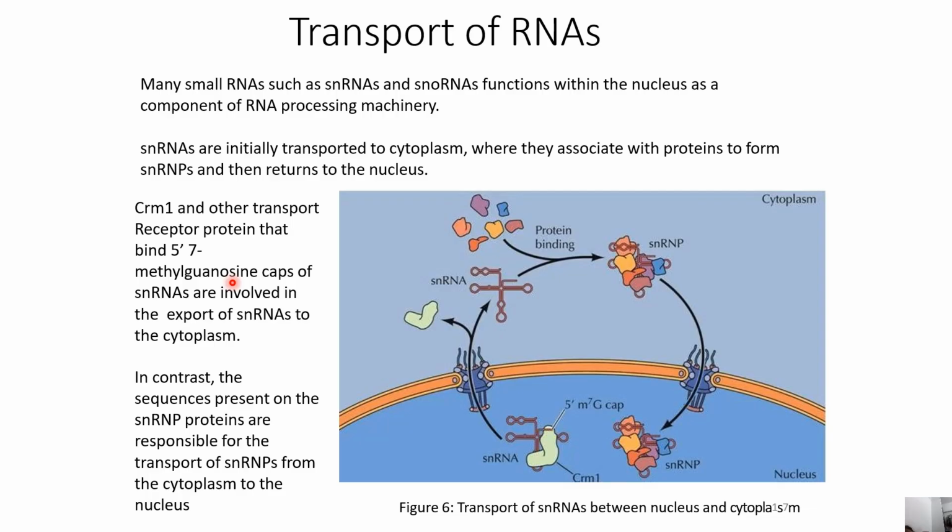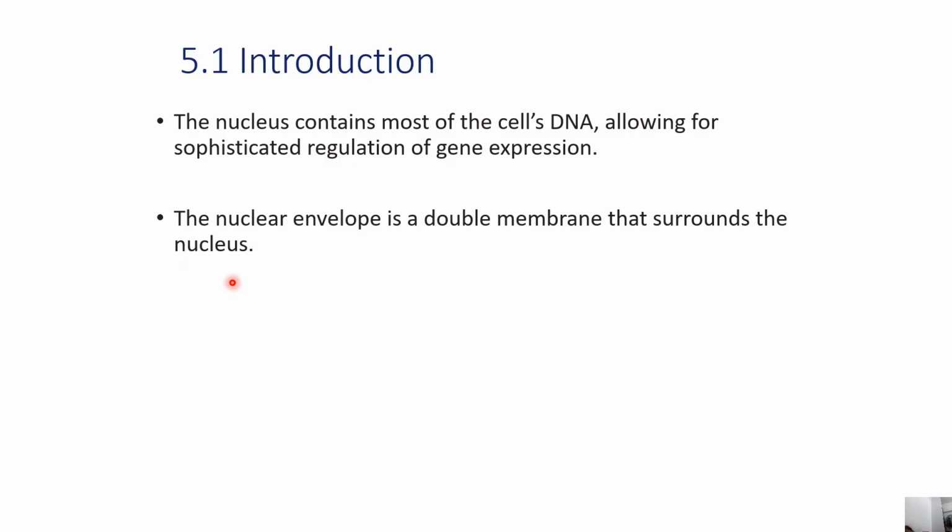CRM1 and other transport receptor proteins that bind the 5' 7-methyl guanosine caps of snRNAs are involved in the export of snRNAs to the cytoplasm. In contrast, sequences present in the snRNP proteins are responsible for the transport of snRNPs from the cytoplasm to the nucleus.